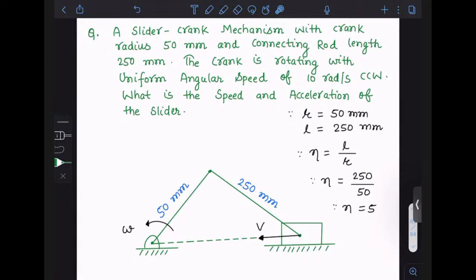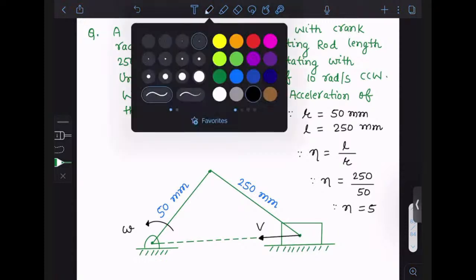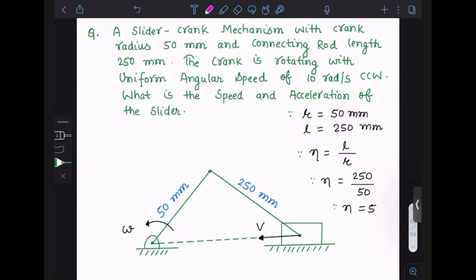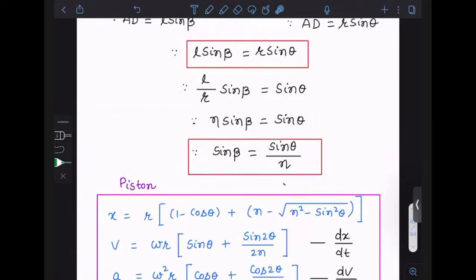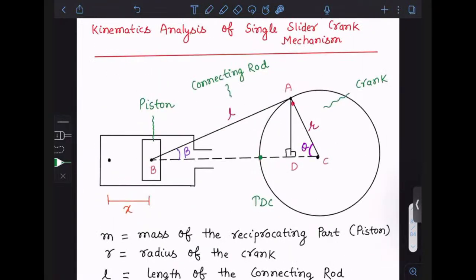Everyone, I'm giving you time. You please try yourself, right? Once you try yourself, it will be more beneficial. See, find out how we can get the theta, because without theta, we cannot find it. Always remember the theta is the angle between the crank and the velocity direction of the piston, right? This is the horizontal line.